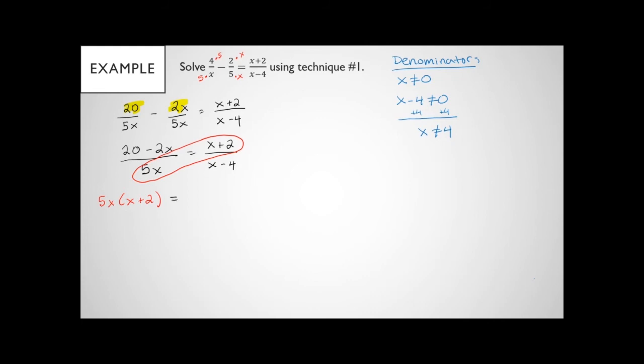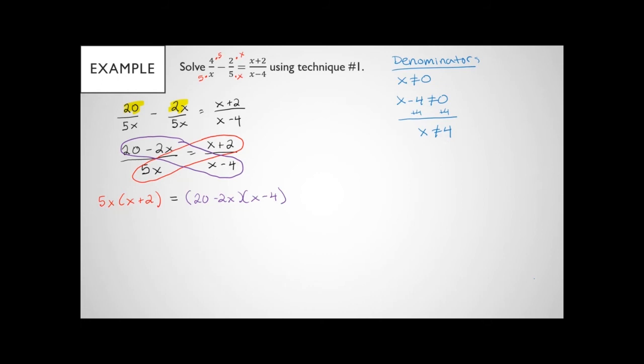And then that is equal to the other diagonal, 20 minus 2x times x minus 4. So now I don't have any fractions. By doing this technique, you don't have any fractions. And so now we're going to solve for x.